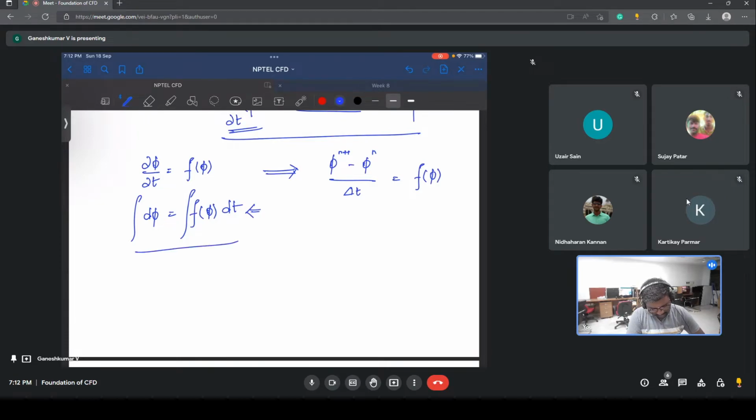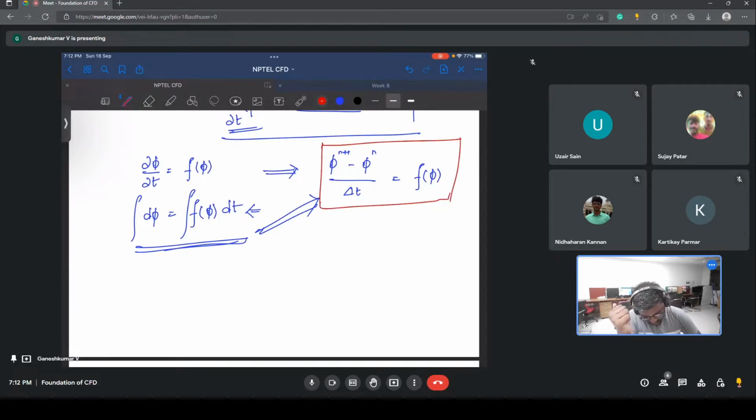You can arrive at the same equation from this form also. I'm just skipping a few steps; you can go back to the lecture and revisit. We usually write the time integration in this form, where this F is where convection, diffusion, source terms, all those things come into the picture.